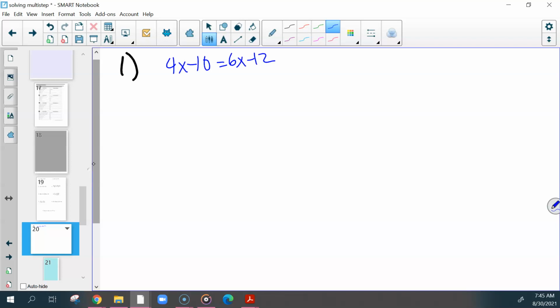Take away 4x from both sides. Okay. Get negative 10 equals 2x. Okay.